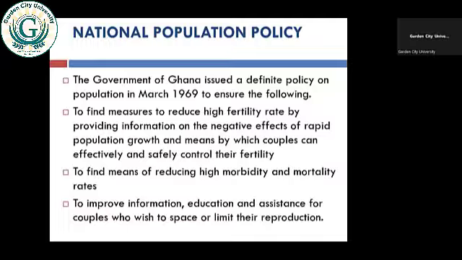Women were dying, women were getting sick after delivery, so they had to find a way of reducing that. And also to improve information, communication and assistance for couples who wish to space or limit their reproduction. They had to have a policy to assist those who want to space and those who want to limit their reproduction, and those who want to have more, those who don't even have but need some. The family planning unit can also assist them.